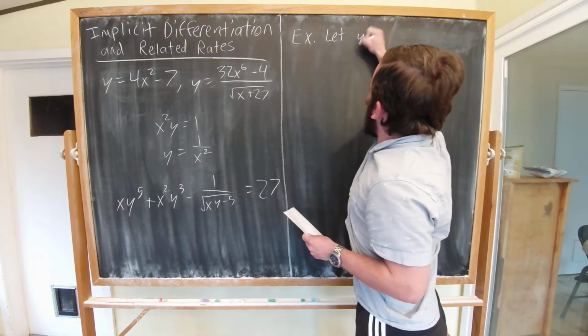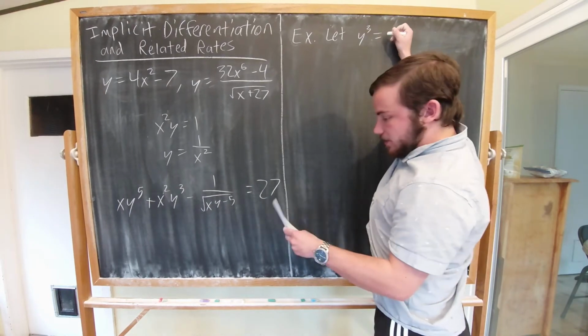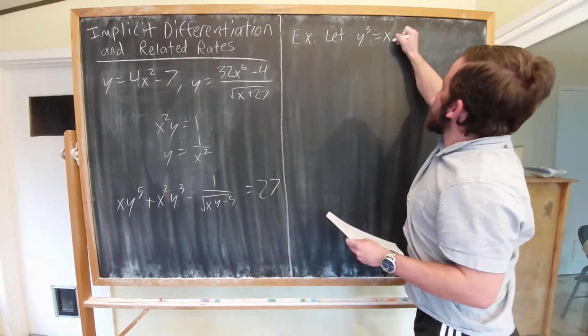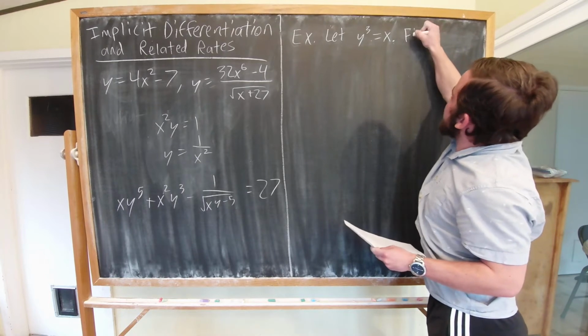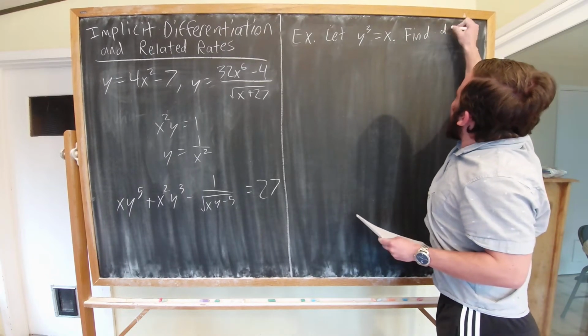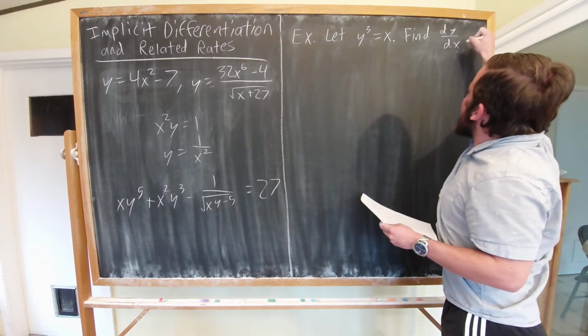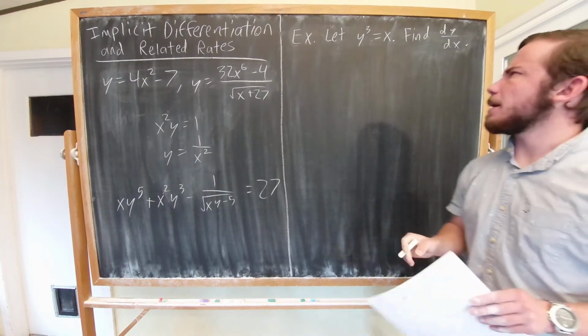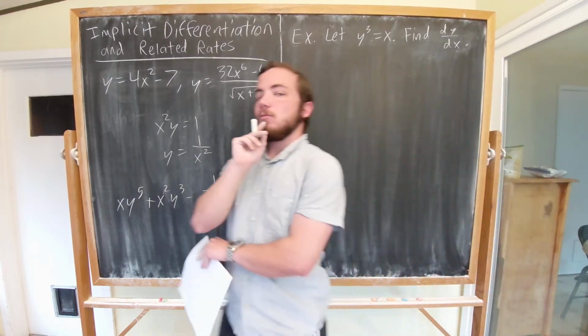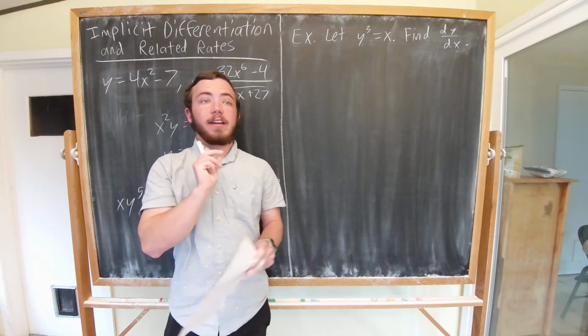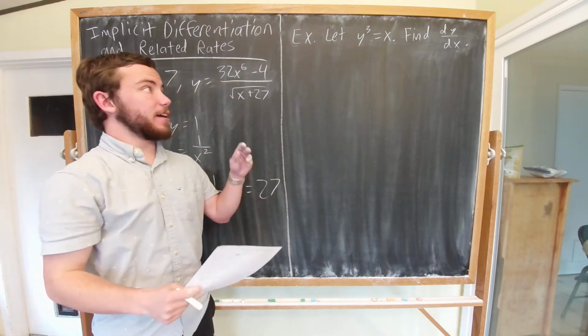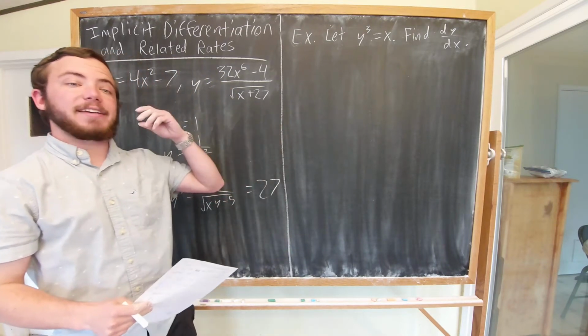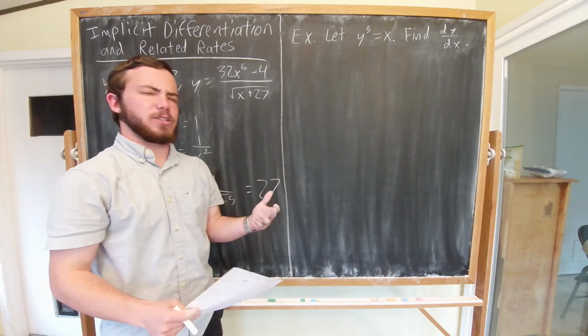Suppose y cubed is equal to x. And say we wanted to find dy/dx. Think of a derivative now, instead of like another function, as an operation you can do.